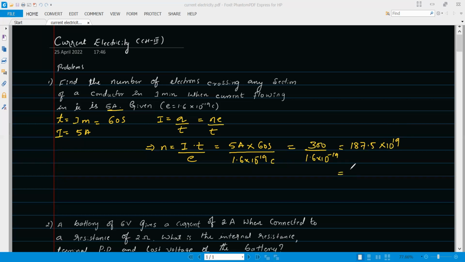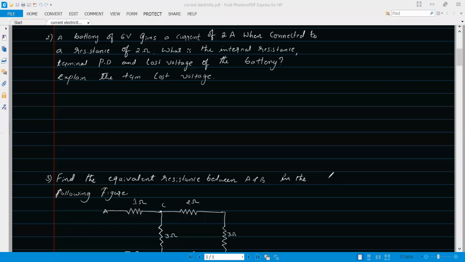Or else we can write this as 18.75 into 10 to the power of 20 electrons. That many electrons flow. I hope you got this. Next problem, let us see.